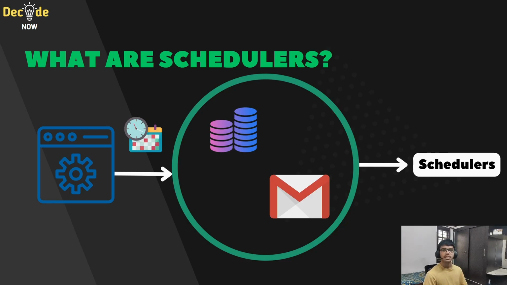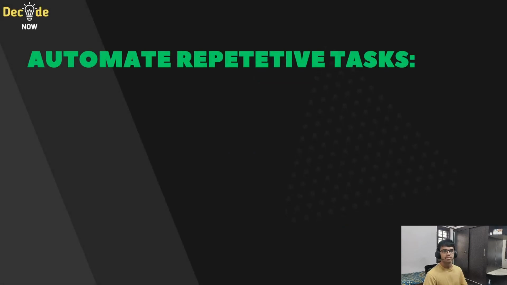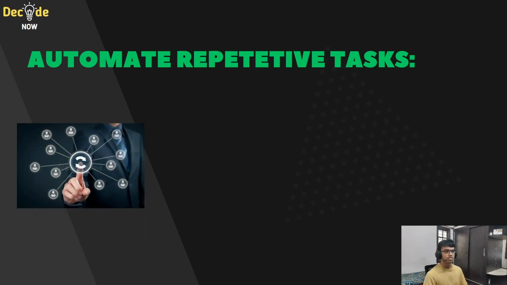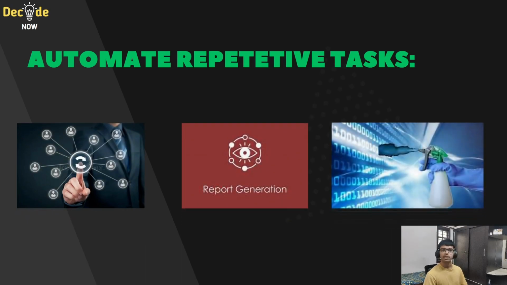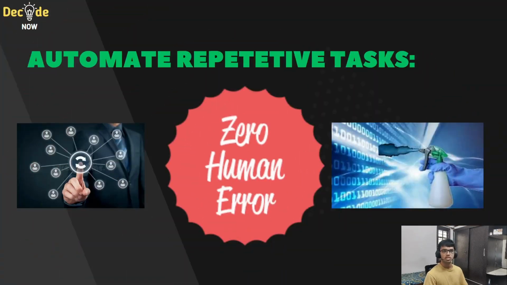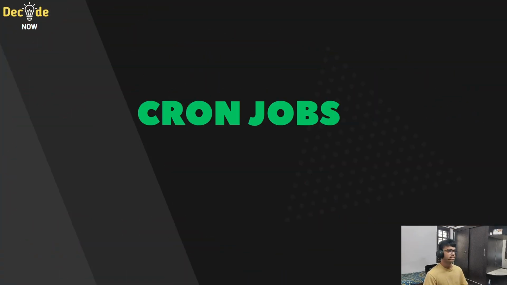By utilizing schedulers, we can automate repetitive tasks. These repetitive tasks include data synchronization, report generation, and even cleanup operations. One cool advantage of using schedulers is that since there is no human intervention, there is no room for human error. So it is zero human error. Let's look at the next slide.